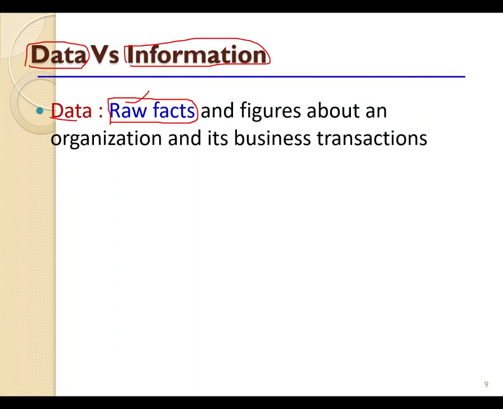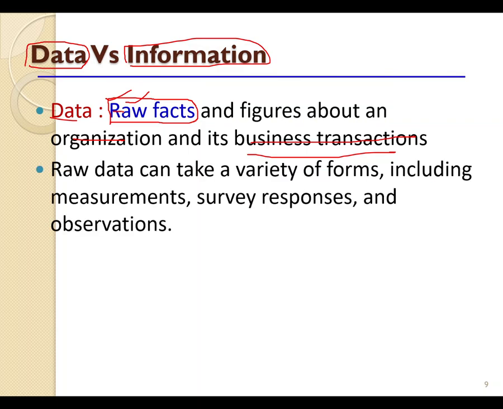So data is said to be raw facts and figures about an organization and its business transactions. So we don't care what the area is. This is not an important point. Data means raw facts. That's the idea. Something which is not prepared, raw facts, are called data. Okay, we'll go to an example, then you may have a better idea.